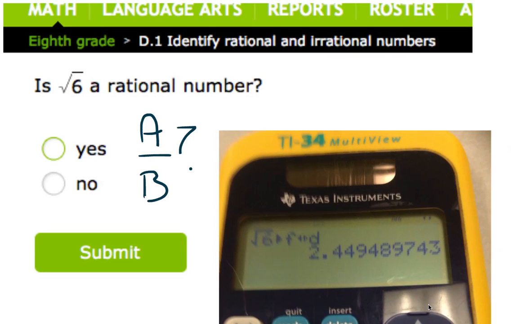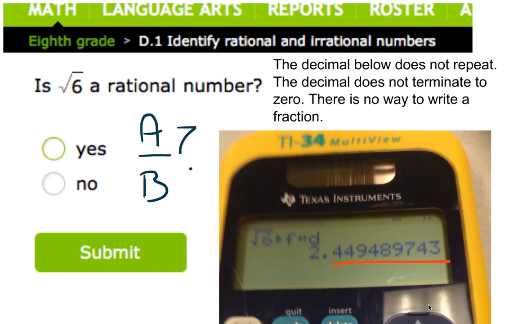And so there is no way to write it in the form a over b. We cannot write a fraction. Any fraction that we write is going to be an estimate or a rounded number. So this number is irrational. So there's no way to write a fraction for the square root of 6.